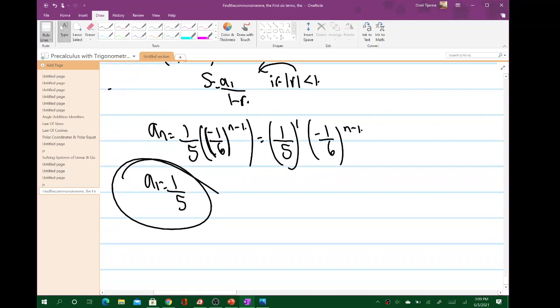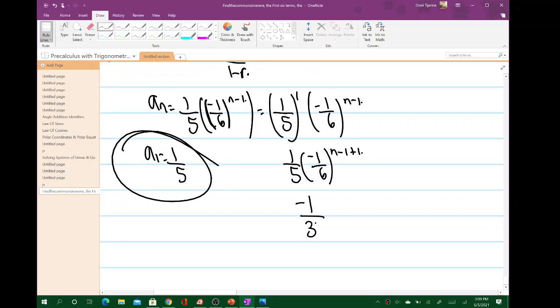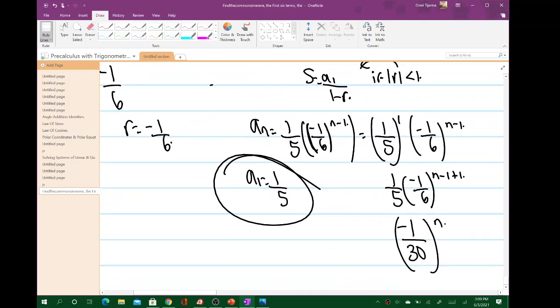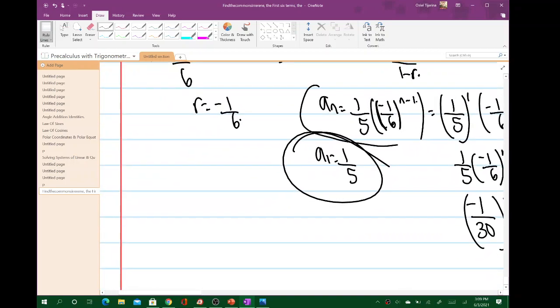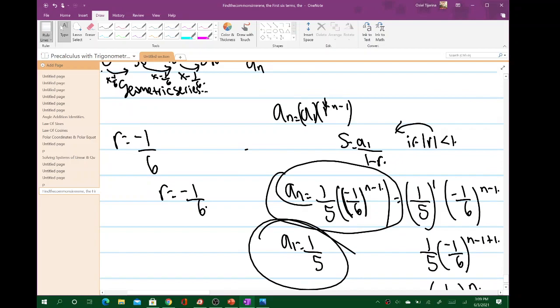If we just do laws of exponents, we're going to end up with 1/5 times -1/6 to the n minus 1 plus 1 power. This is going to be -1/30 raised to the nth power. Or you could just write it as this. But yeah, that's what it is.